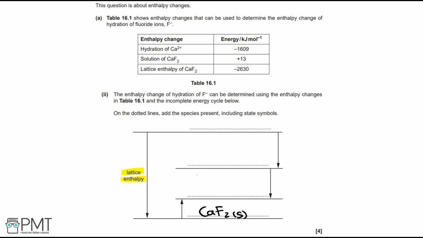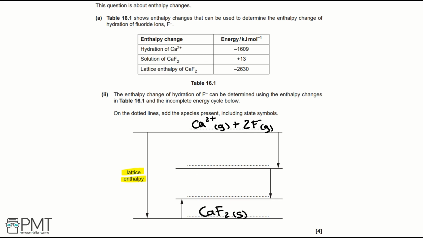So here I've written our solid product, calcium fluoride, and then its gaseous ions would be Ca2+ gaseous, 2+ because calcium's in group 2 and would have a 2+ charge, plus 2F- gaseous, minus because fluorine's in group 7, and so fluoride ions would have a -1 charge.